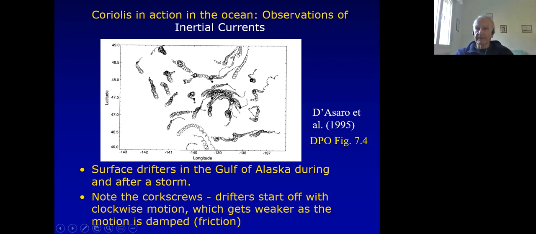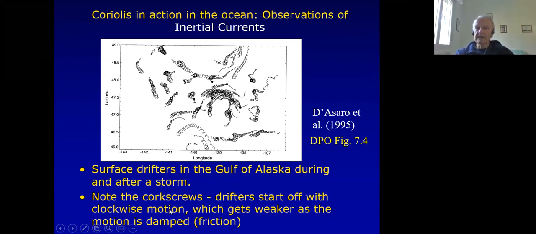This is the trajectory, for example, this one here is the trajectory of one of these drifters. What you can see is this wiggled thing, which goes this way and progresses from here to there, but doing these wiggles in this direction. This was in the Gulf of Alaska during and after the storm.